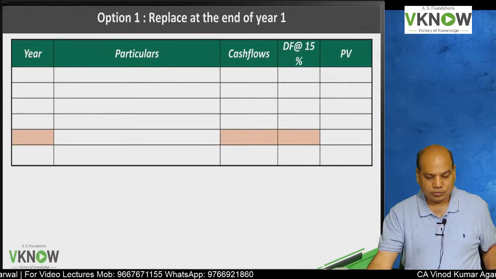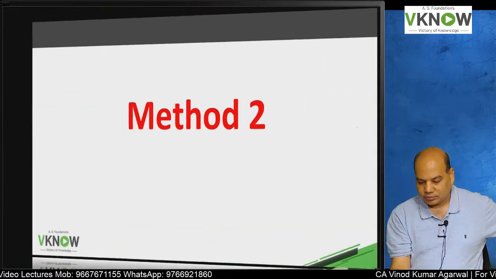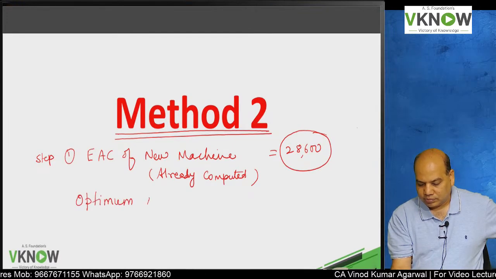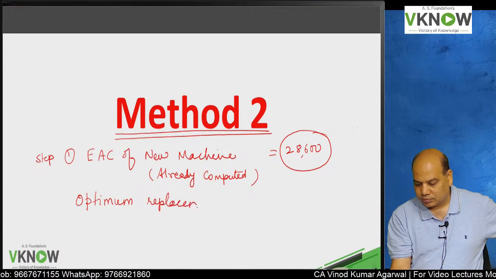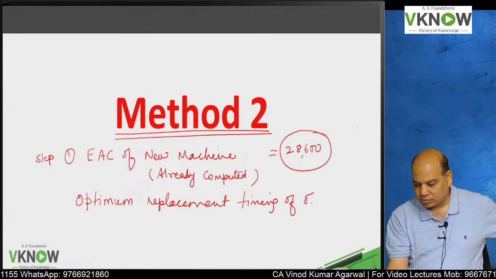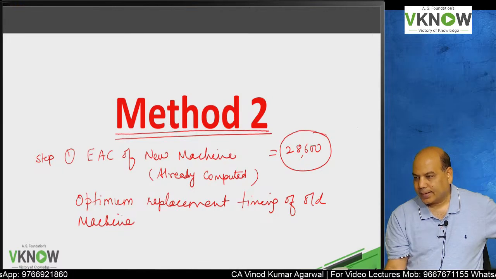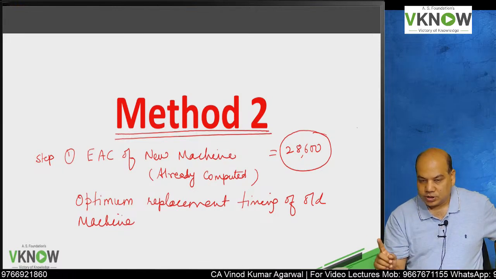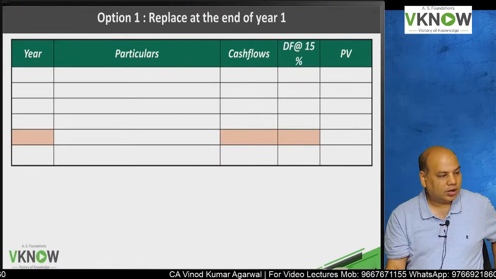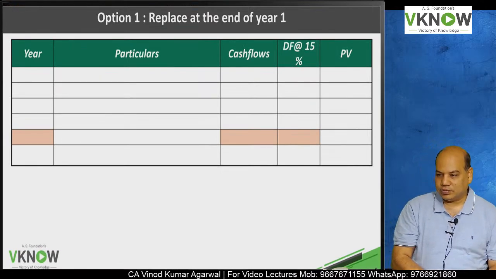Now write down below. First write down one heading. Optimum replacement timing of old machine. Under that you write down option 1, replace at the end of year 1.